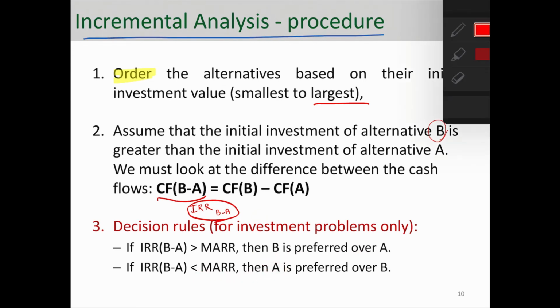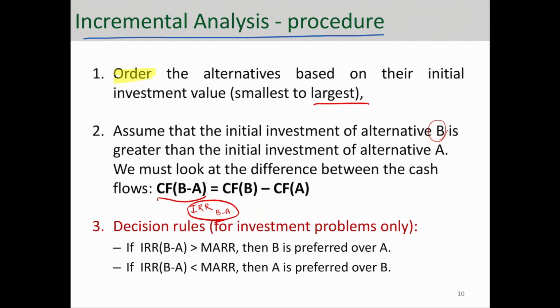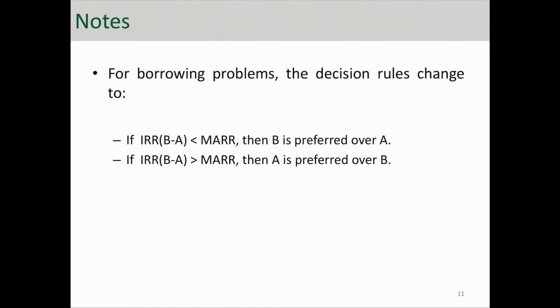But here I want to emphasize a very important point. And that is, this decision rule that we have here is only for investment problems. If you have borrowing problems, where you're comparing multiple borrowing alternatives instead of investment, where you're receiving money instead of investing, then the rule is flipped.